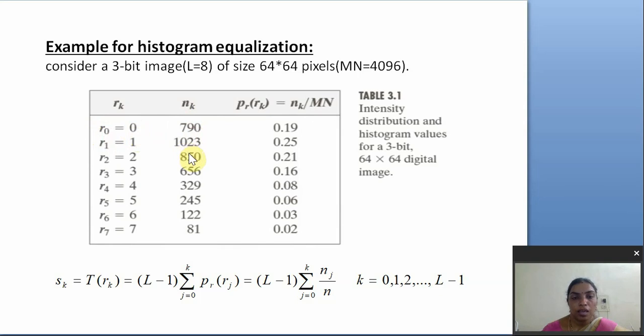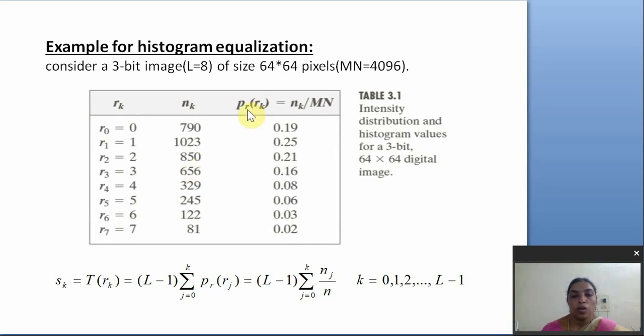Then consider this one, 1023. 1023 pixels are there with intensity 1. Similarly, 850 pixels are there with intensity 2. In the same way, 81 pixels are there with intensity 7. In this way, you should take the r_k, n_k values from the image.